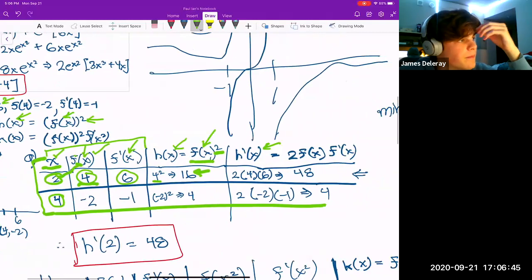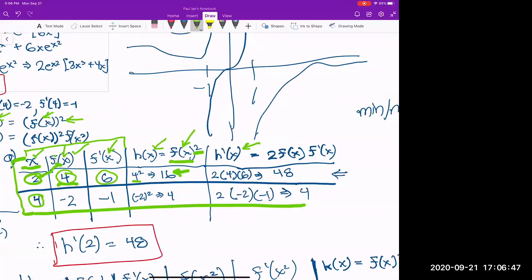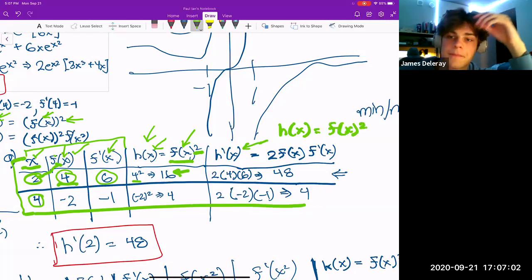Yeah, but then we don't have h prime. We don't have an equation for h prime of x. So I guess that's the first thing we need to find. We do know h of x from here. We have that equation already. It's just f of x squared, right? Yeah.